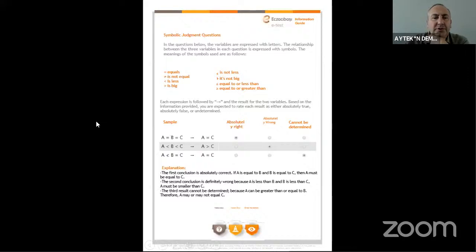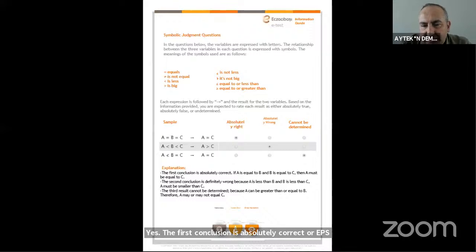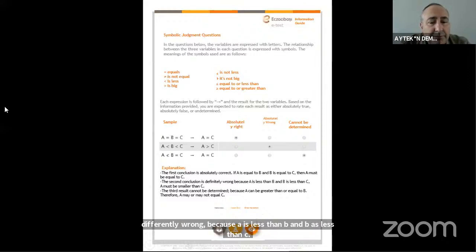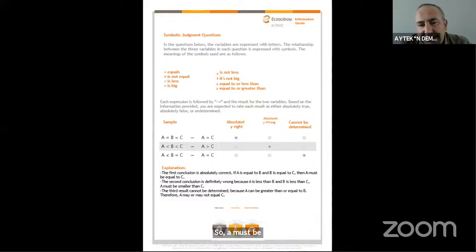Yes, the first conclusion is absolutely correct. If A is equal to B and B equals C, then A must be equal to C. The second conclusion is definitely wrong because A is less than B and B is less than C, so A must be smaller than C. For this reason, absolutely wrong.